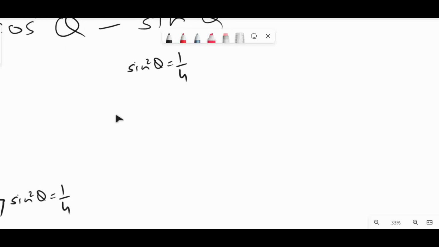Now we have to take square root on both sides. So sine theta will be equal to plus minus 1 by 2. Whenever you remove the square, you have to write plus minus with the answer. So from here we can say that we will have two answers.